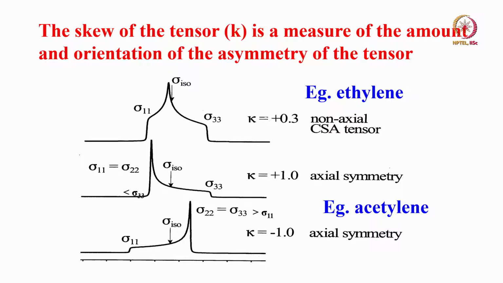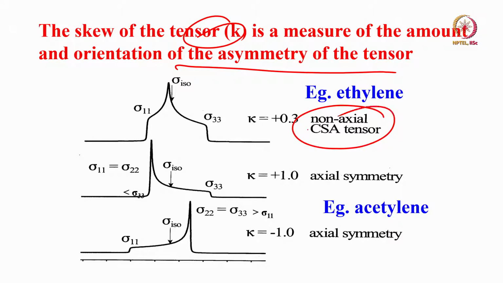I want to introduce one new term called the skew of the tensor. It is a measure of the amount and orientation of the asymmetry of the tensor. If the tensor is asymmetric, the skew of the tensor gives the measure of the amount of asymmetry and its orientation. For a non-axially symmetric tensor, you can find the value of kappa with some expressions.